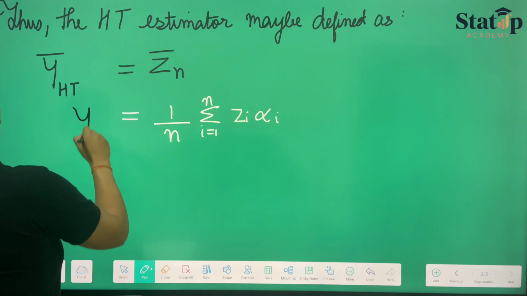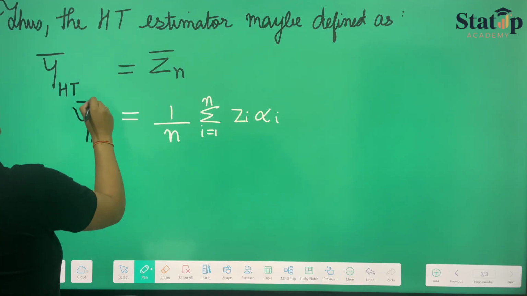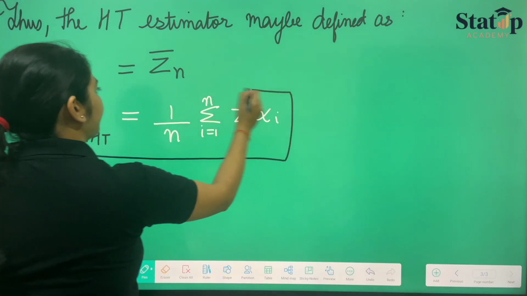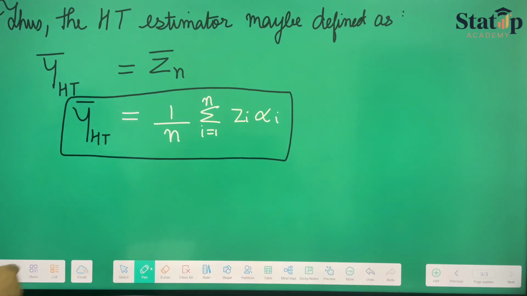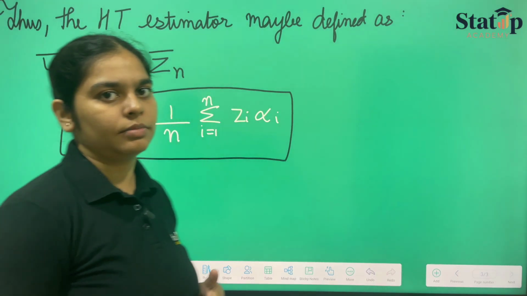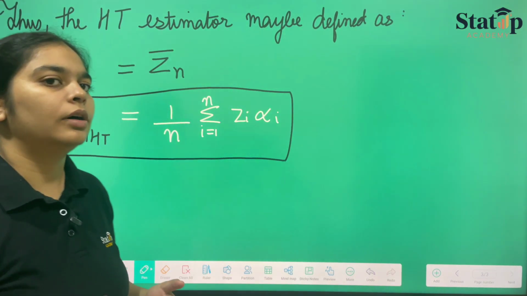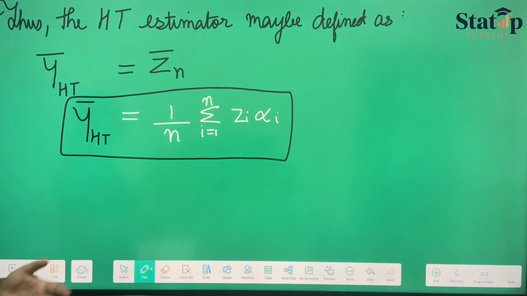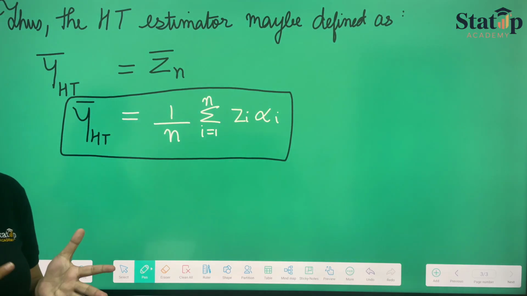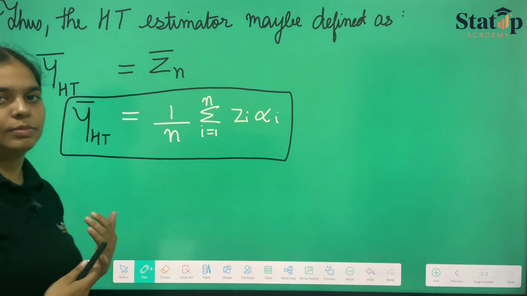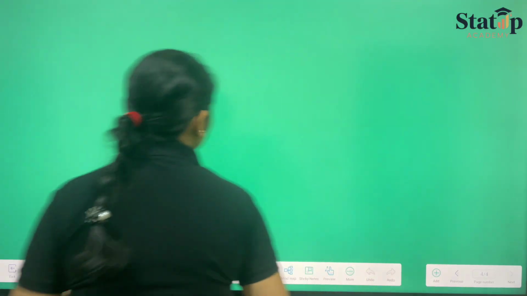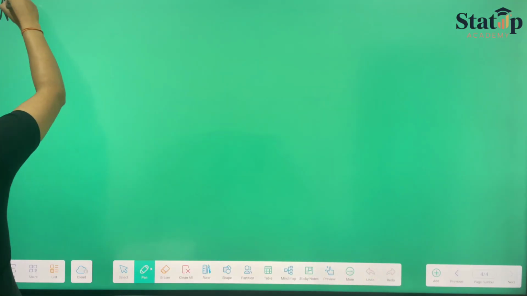So this is our Horvitz Thompson estimator. Now we have found out what the Horvitz Thompson estimator is and done all the initial proceedings. Now we will check unbiasedness, then variance and estimation of variance. So the first procedure is unbiasedness.